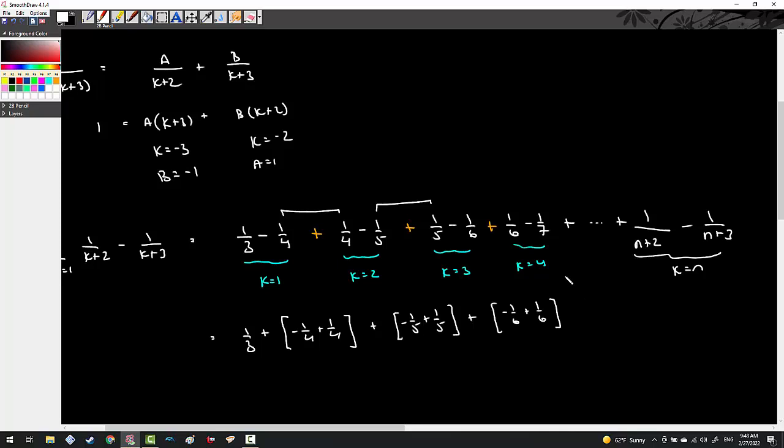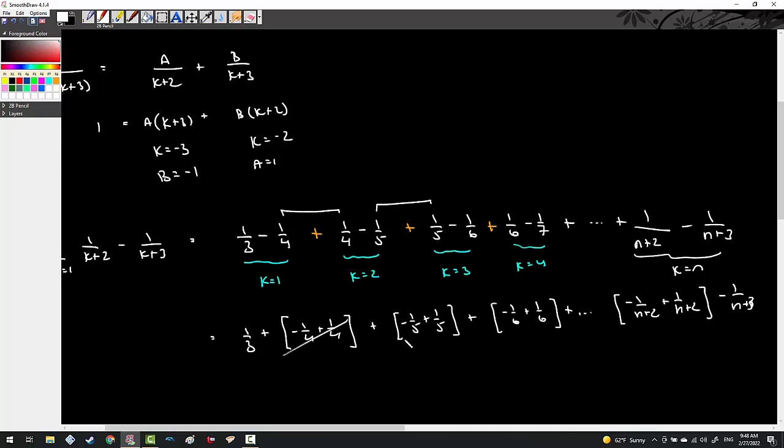And so what's going to happen is down the chain, I hope it makes sense that in line with this 1 over n plus 2 is going to be a negative 1 over n plus 2 behind it, and then the negative 1 over n plus 3.